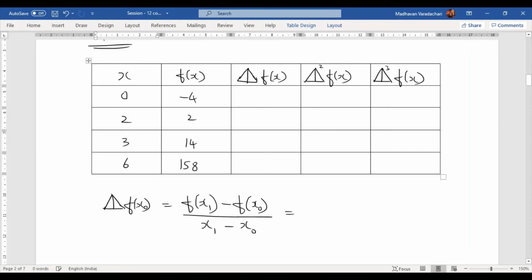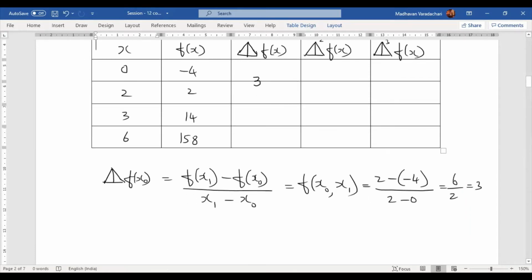This is also written as f of x naught comma x1. All are same. How do we calculate? F of x1, that is this 2, minus f of x naught, which is negative 4, minus of minus 4, divided by x1. x1 is 2, x naught is 0. So 2 minus 0. So it is 2 minus of minus 4, it becomes 2 plus 4. So it is 6 divided by 2, which is positive 3. So here in between, I will write positive 3.